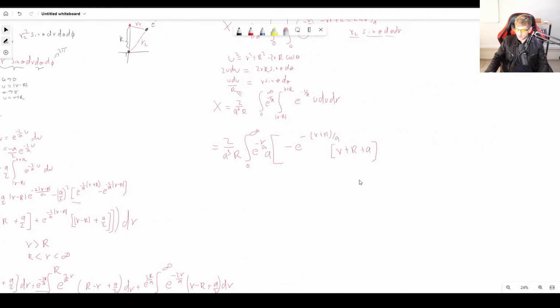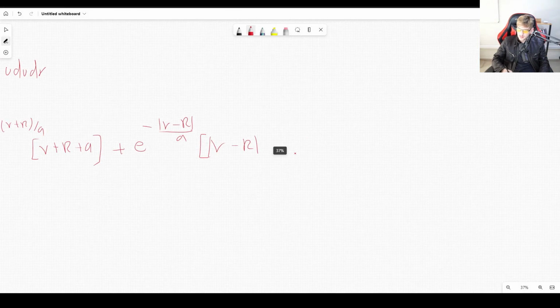And then we have the part with the absolute value, which will be e to the minus absolute value r minus big R over a. And then we have r minus r in absolute value, so plus a.